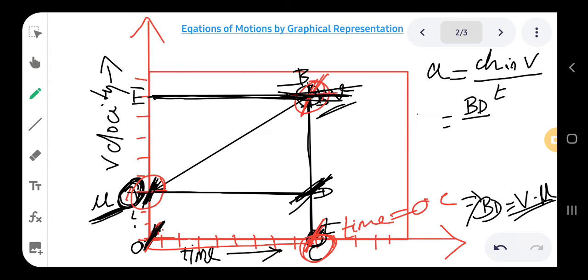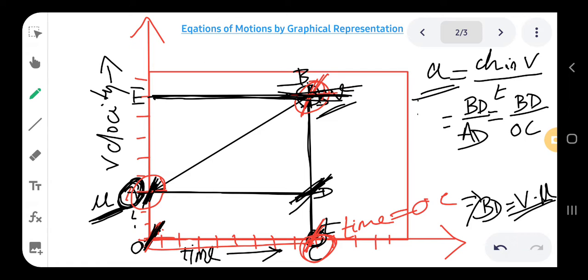So BD divided by AD. Can I write OC? Yes, it is a rectangle, so opposite sides are the same: AD equals OC. So acceleration is BD by OC.